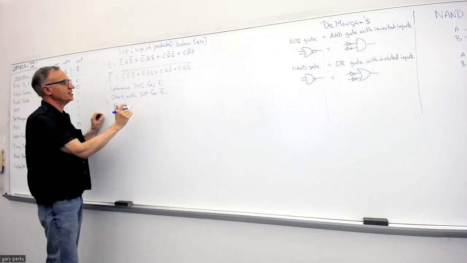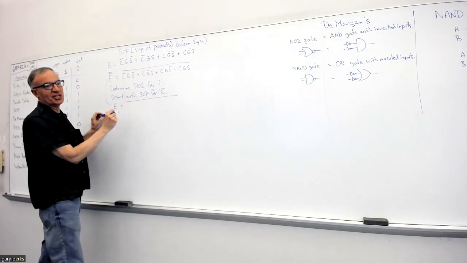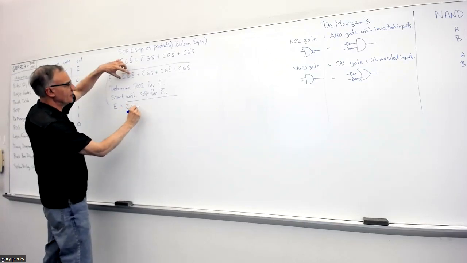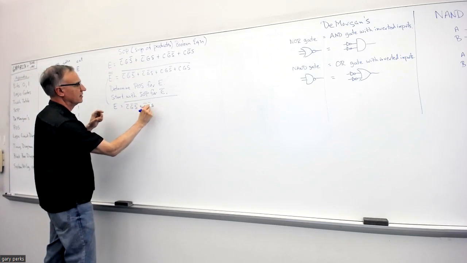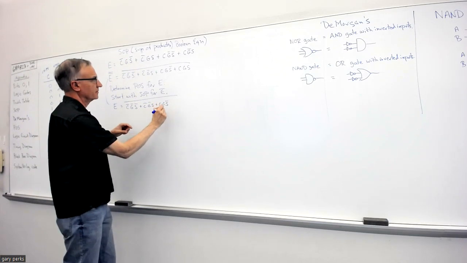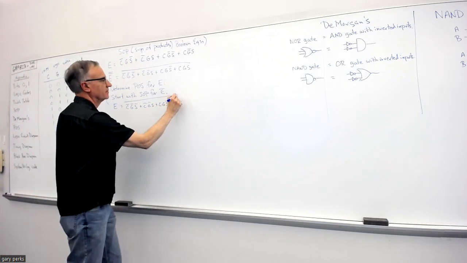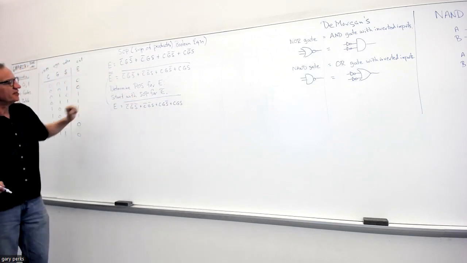I'm not going to change anything. Please, if I do change something, let me know, because that would be a mistake. So you see, I'm just copying what I have up here. Okay, so I just copied this down, but like I said, this cancels out, we just get E.